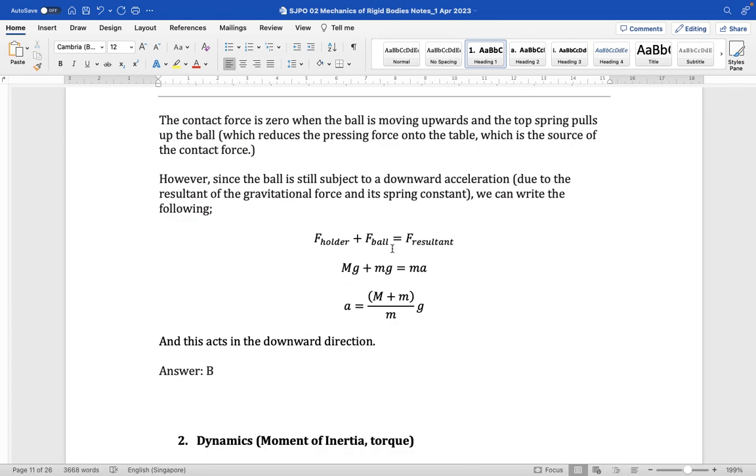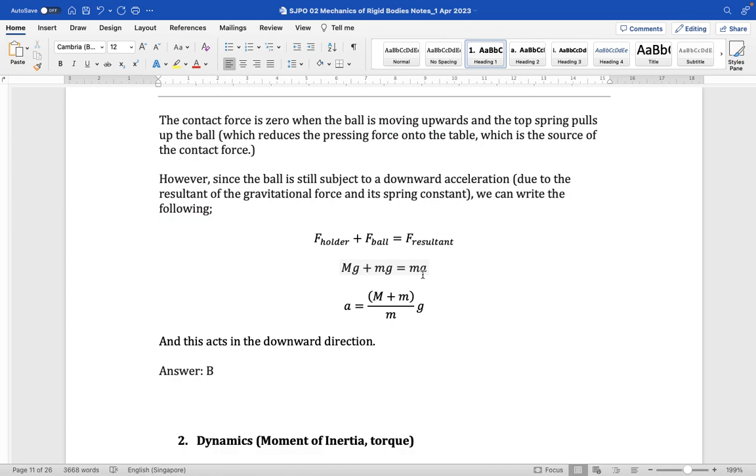So we want to find out what is the acceleration. The force of the holder and the force of the ball will be acting in the downward direction, and the resultant force on the spring will be acting in the upward direction. So we can put it as Mg plus mg equals ma. Take note, this a is no longer considered as g.